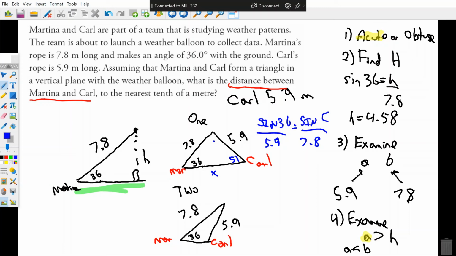So 180 minus 51 minus 36. Here this is 93. And now if we know that that's angle 93, now we have 93 and x to go with 36 and 5.9, we can find out how far away Carl is. So I go 5.9 over sine 36 equals x over sine 93. Actually I should do that the other way, so I've got the distance on top.